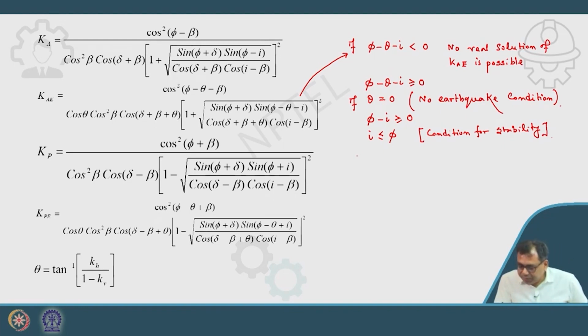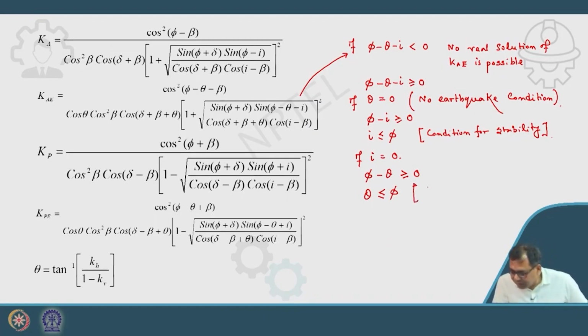Now if I put I equal to 0, that means a horizontal backfill, for simplicity. In that condition phi minus theta should be greater than or equal to 0, or the condition is theta should be less than or equal to phi.